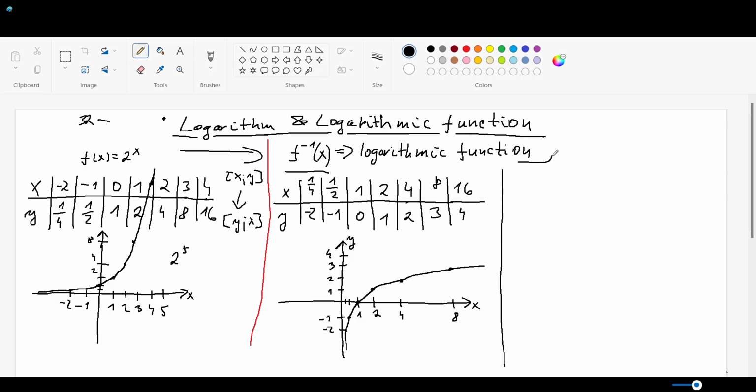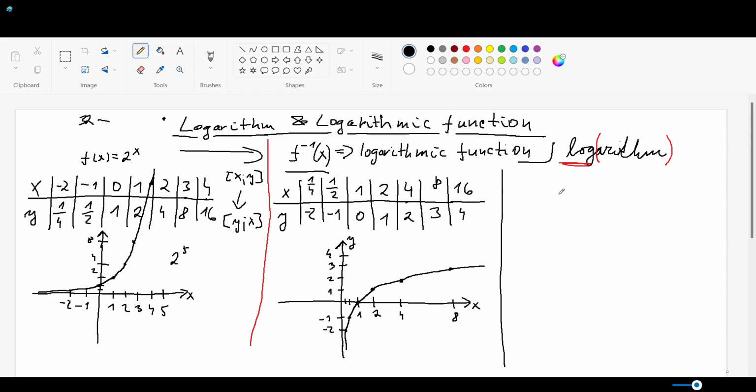And before I start, let me just show you that the word logarithm consists of two parts. The first is log and then rhythm. This is something which you will understand a little bit later.